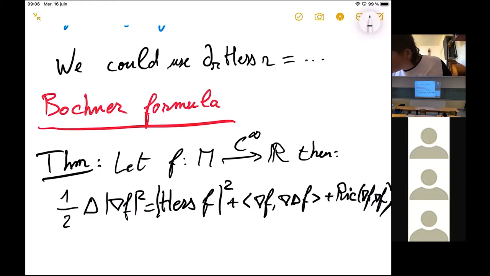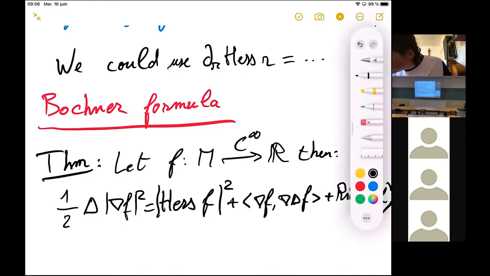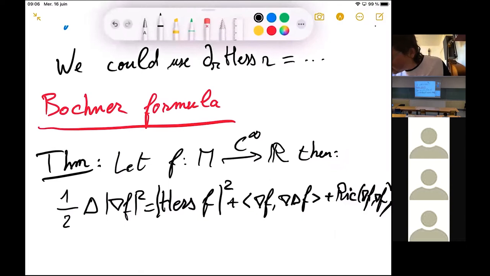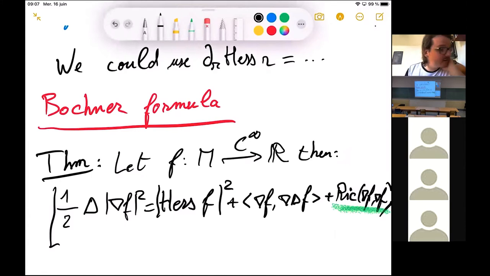So you get an extra term where the Ricci curvature appears here. The proof is just a computation. I won't do it. It's just like commuting partial covariant derivatives to make the curvature appear and trying to identify all the terms that appear.